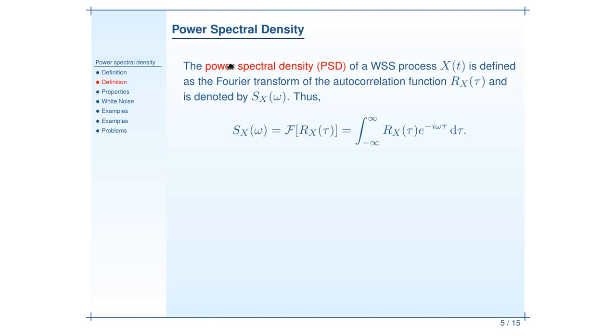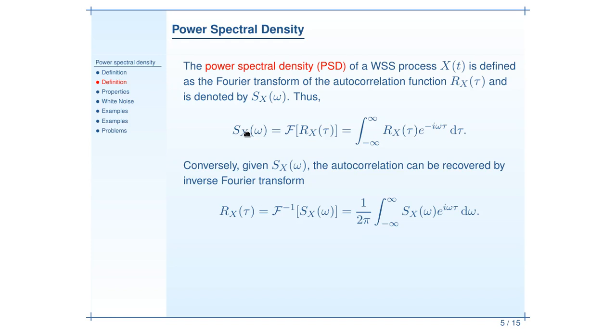This is called the power spectral density. We will see that this power spectral density has a lot of desirable qualities with which we can do analysis of the random process in the frequency domain.